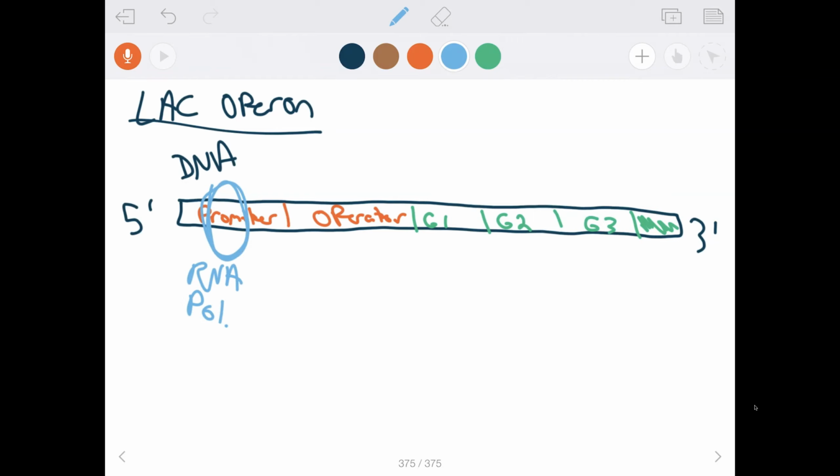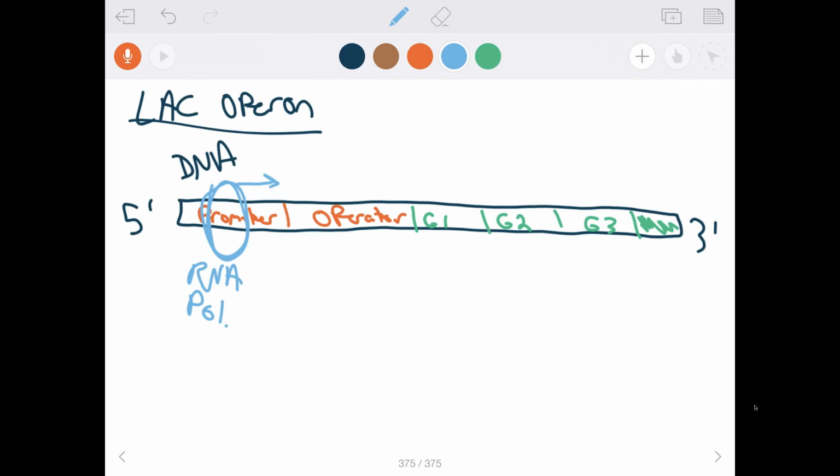And if there is a lot of lactose in the cell, this will transcribe those genes, because all three of them are enzymes that break down lactose. So if lactose concentration is high, you will get transcription and translation of these three genes. So it can break down the lactose in the cell.